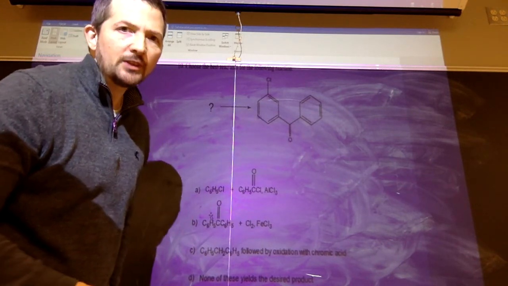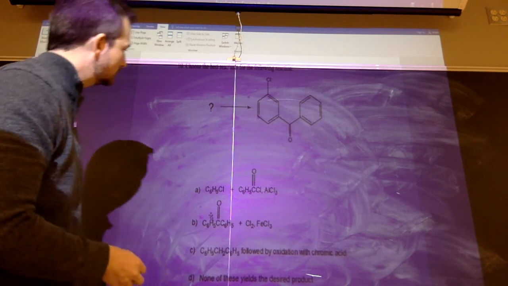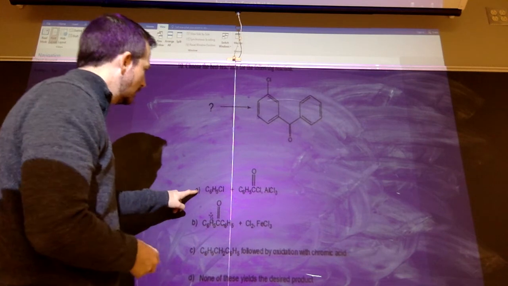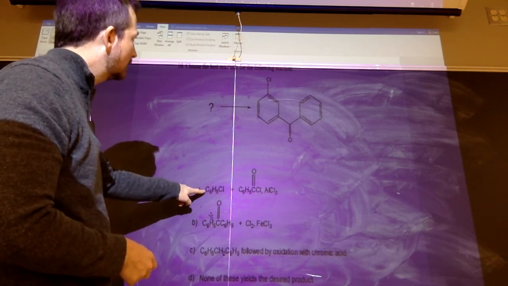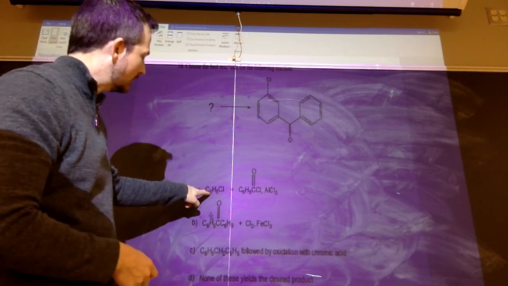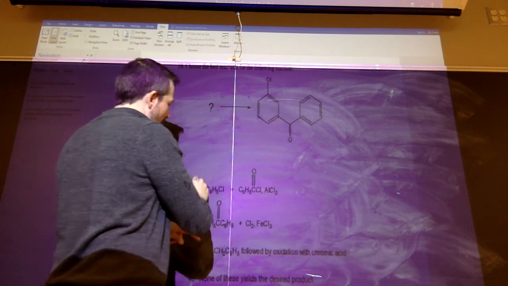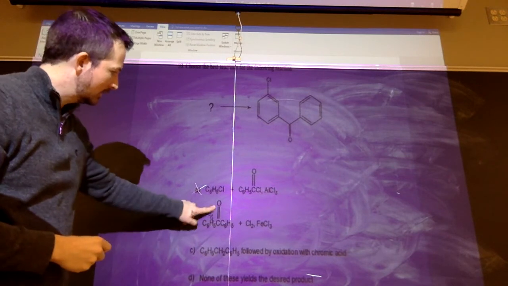Choose the best reactions for the following reaction. So if I look at each of these, if I start off with the chlorobenzene and do a Friedel-Crafts acylation, this isn't worth a para directly, so that wouldn't work.